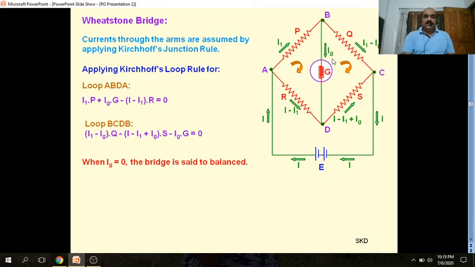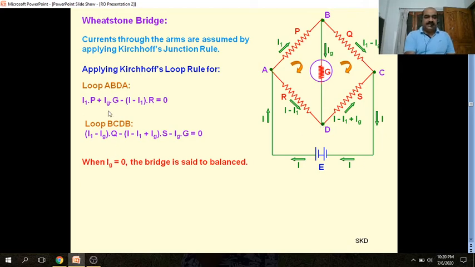And when we adjust the values of these resistors in such a way that the potential at B and potential at D are equal, then the bridge is said to be balanced.